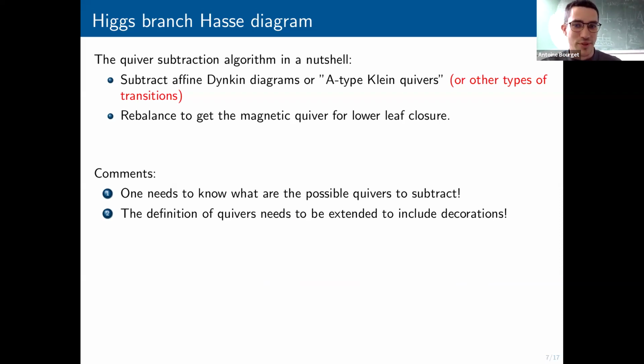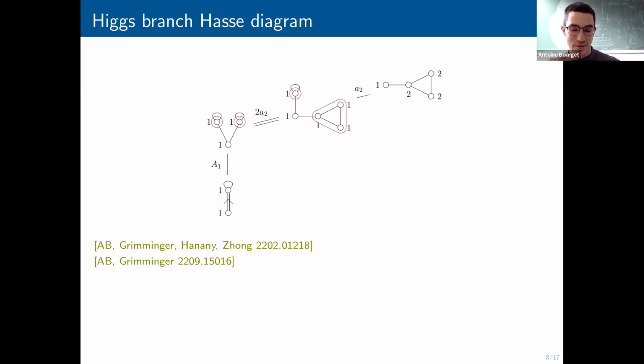This is not the main point of the talk, so I don't want to give all the details here. But basically, if you start from a simple quiver, such as this one here, if you apply naively the algorithm, you see that there is an affine A2 diagram here that you can subtract a first time, and then a second time.